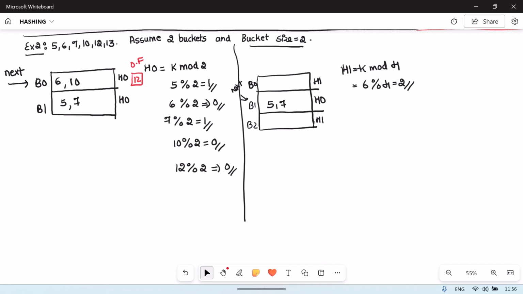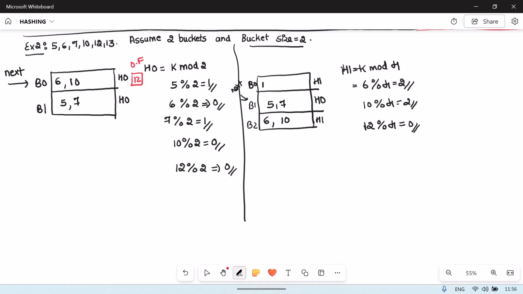Likewise, you also have 10 mod 4, which is equal to 2, so 10 will come here. Then we have 12 mod 4. Now, 12 mod 4 is slightly different, right? So this will become 0, correct?